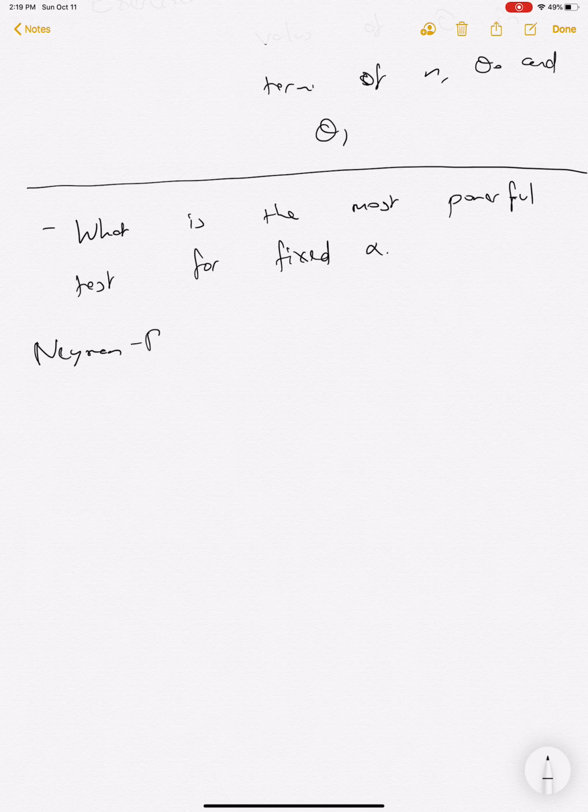This is in 9.2 of the textbook, and this asserts that for a fixed significance level alpha, if H0 and H1 are simple hypotheses, no test has more power than the likelihood ratio test.